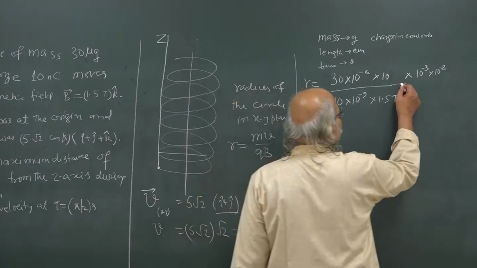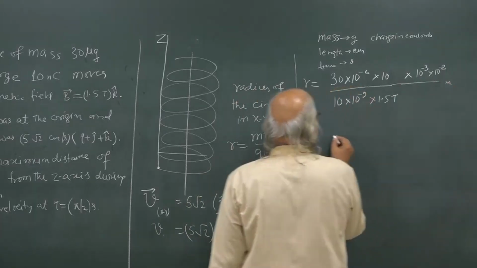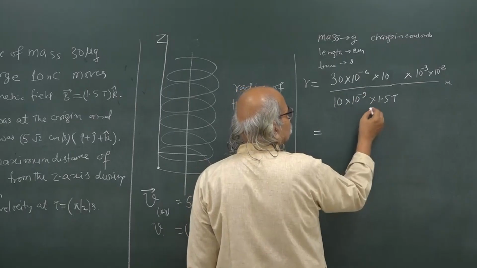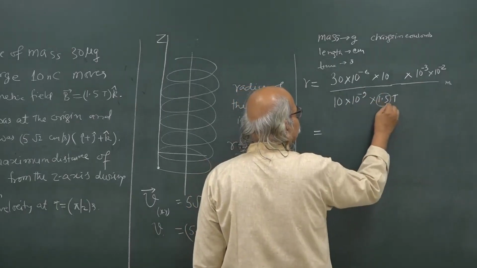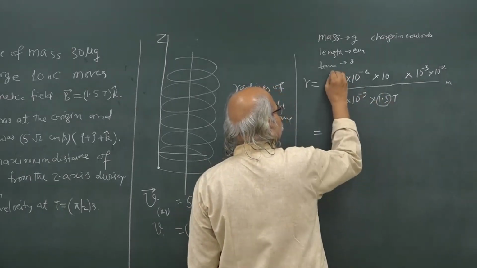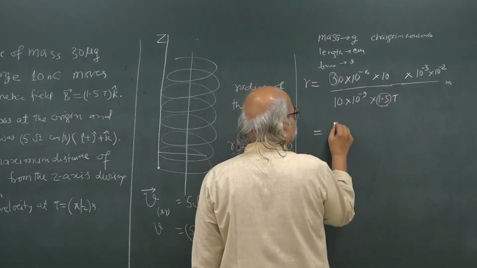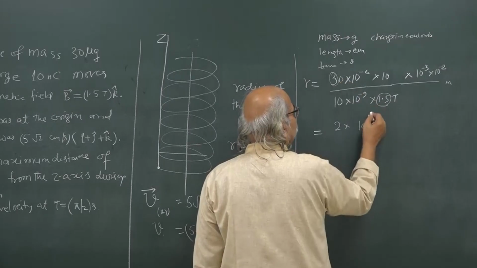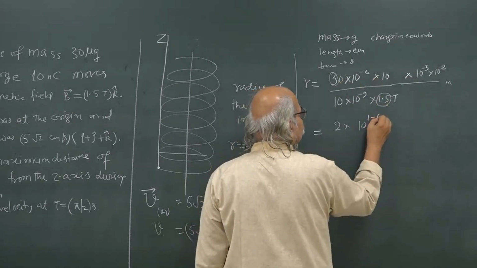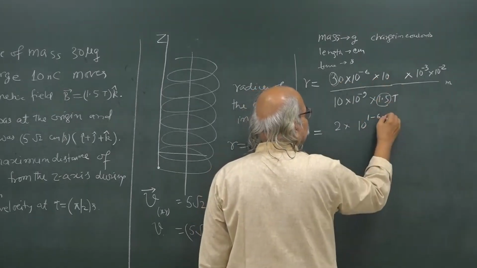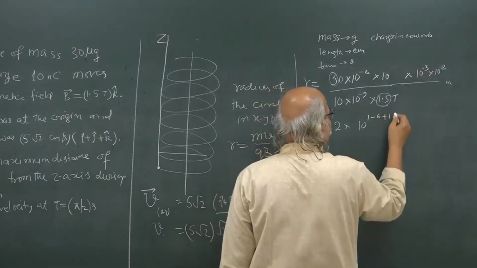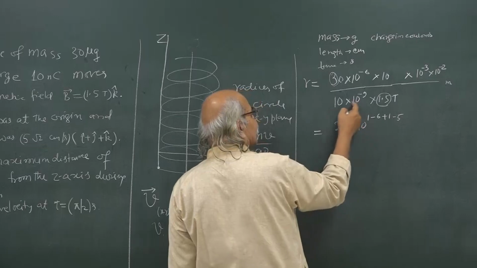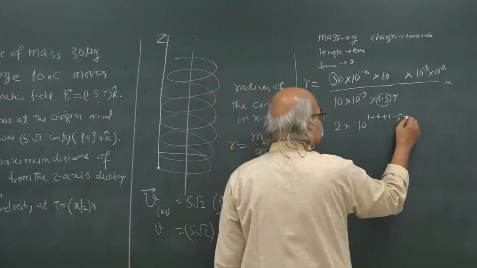So, these many meters. You can work out how much it is. It is 1.5 here and 3 here, so that is 2, and remaining is all 10. So, 1 power from here, minus 6 is from here, 1 power from here, and minus 5 power from here, and then this is 10 power minus 8. So, plus 8 here.